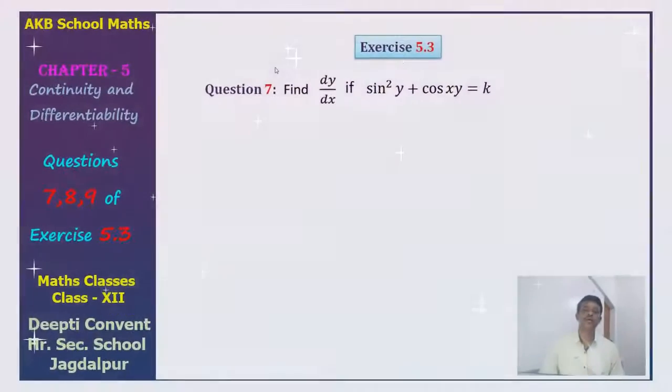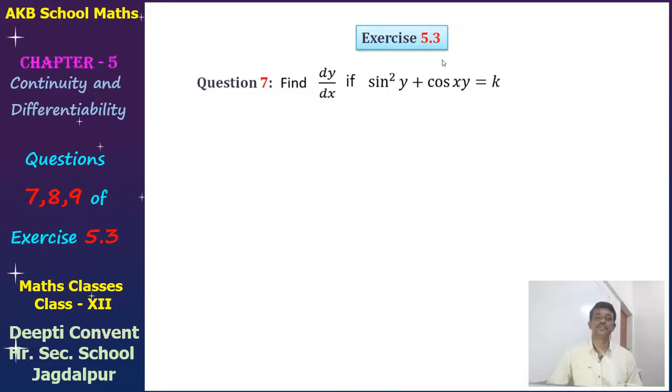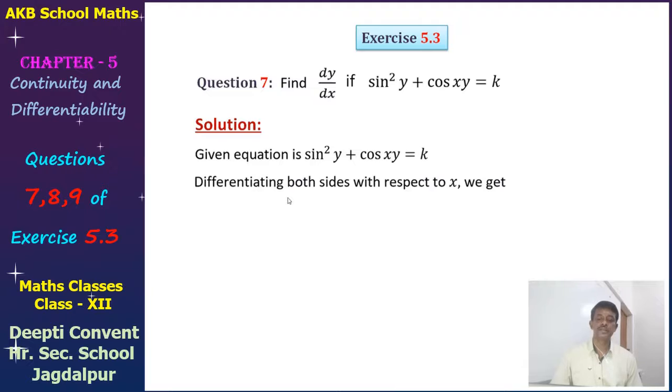Okay, question 7 of exercise 5.3. Here also find the derivative dy by dx where y and x are mixed, that is an implicit function. So we have to differentiate it directly. Here the given equation is sin²y + cos xy = k. Now differentiate both sides with respect to x directly.